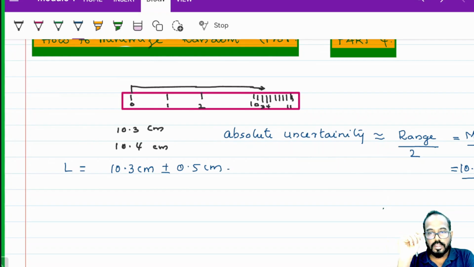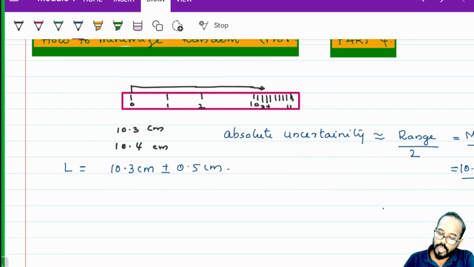In this case, you assume that one end is exactly coinciding with the 0. Okay, you didn't calculate the absolute uncertainty in that end. Suppose you are starting the measurement from 1 centimeter, then this uncertainty will be there also, right?